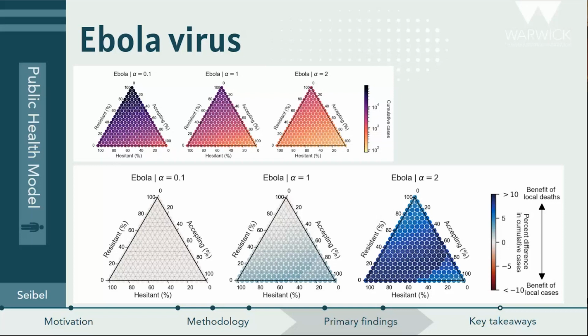Just to speed up a little bit, at the end of the day, local deaths are essentially leading to fewer cases at the end of the outbreak. With Ebola, we have a very high mortality rate, so we have a lot of information about deaths. So it's possible that local deaths might be, in the long term, more beneficial for us to look at for this particular pathogen system.